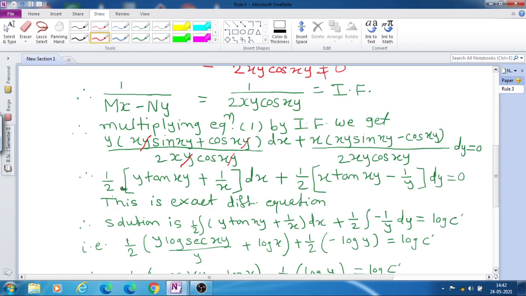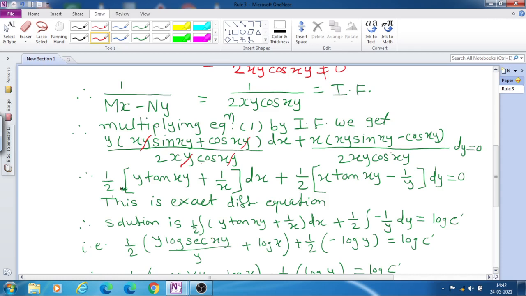So dividing this term by 2xy cos xy, we get 1 upon x, y also cancelled with this outside y, and we get only 1 upon x, plus here xy sin xy divided by 2xy cos xy, 2 is outside here.